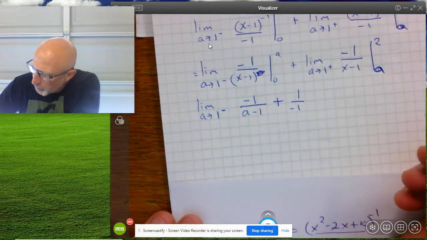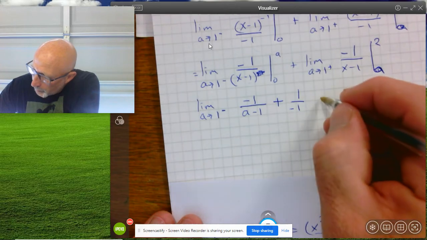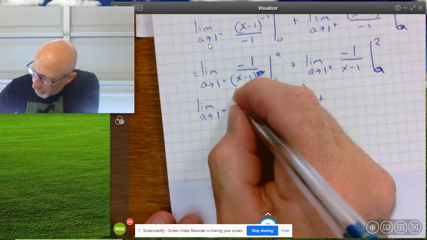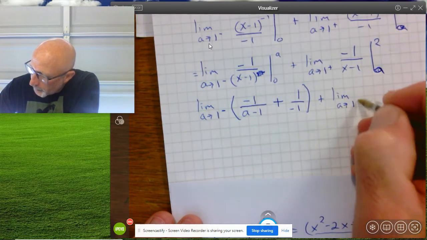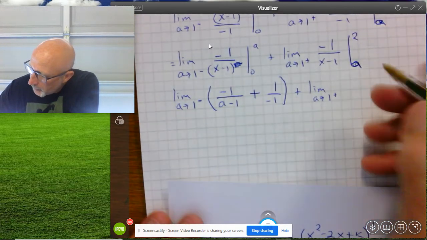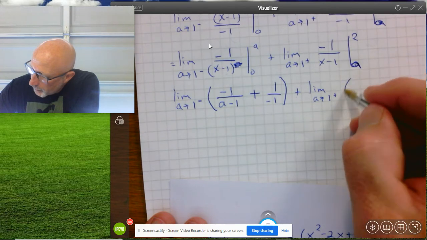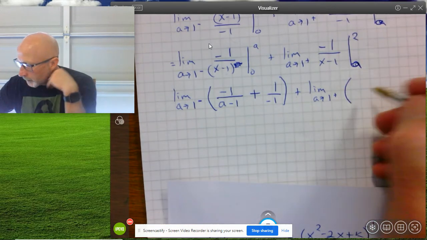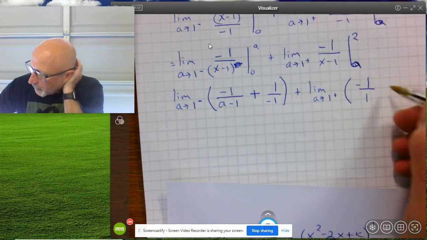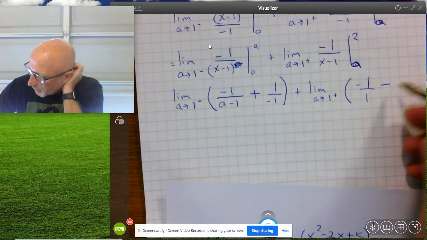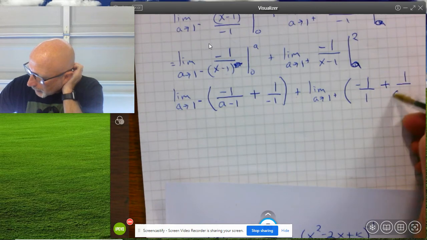So that's a negative 1. And then plus the limit as a goes to 1 from the positive side of, so now plug in the 2. So I'm going to have negative 1 all over 1, and then minus a negative, so plus 1 all over a minus 1.